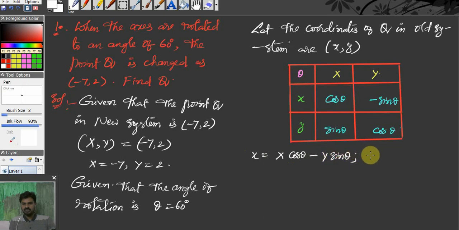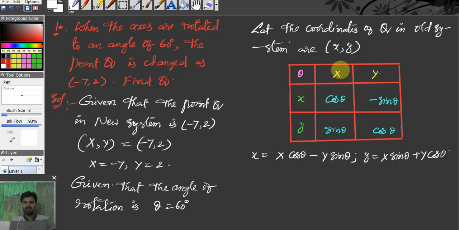The same concept for small y: go row wise, sin theta first, cos theta second. Small y is equal to capital X sin theta plus capital Y cos theta. The table will be common. Using it, you write the small x and small y values.